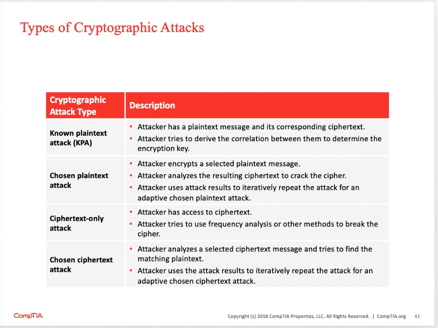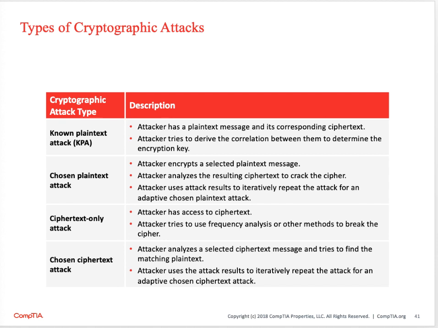So if there are more X's in your cipher than anything else, then there's a possibility that X is actually equal to E, right? You would mathematically look at the frequency of each letter in the English alphabet and try to correlate that with what you find in your ciphertext and then try to break it that way.